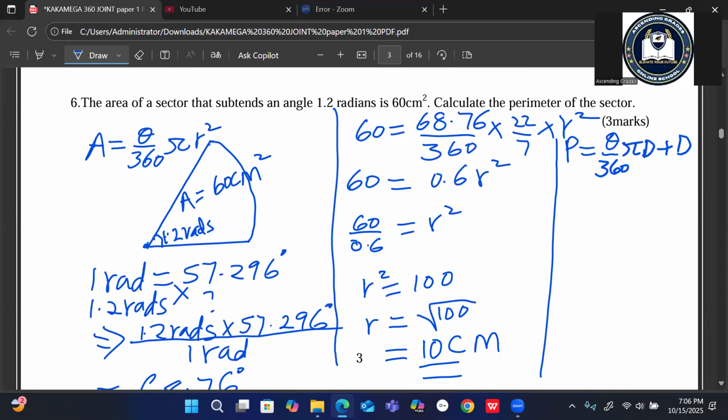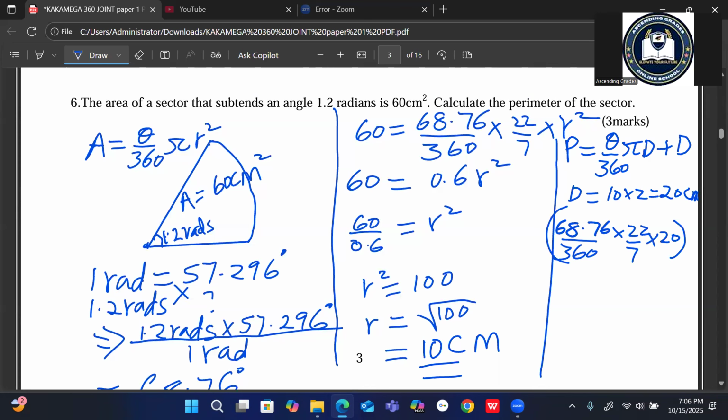Our d is 10 times 2, which is 20 centimeters. So we have 68.76 out of 360 multiplied by 22 over 7 times 20.